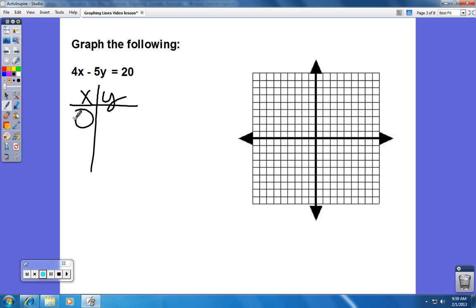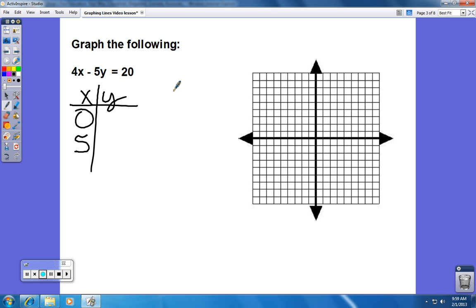We could also use any other number, 1, 2, 3. You can use negative numbers, whichever you choose would be the best. So let's try 5 in the place of x.